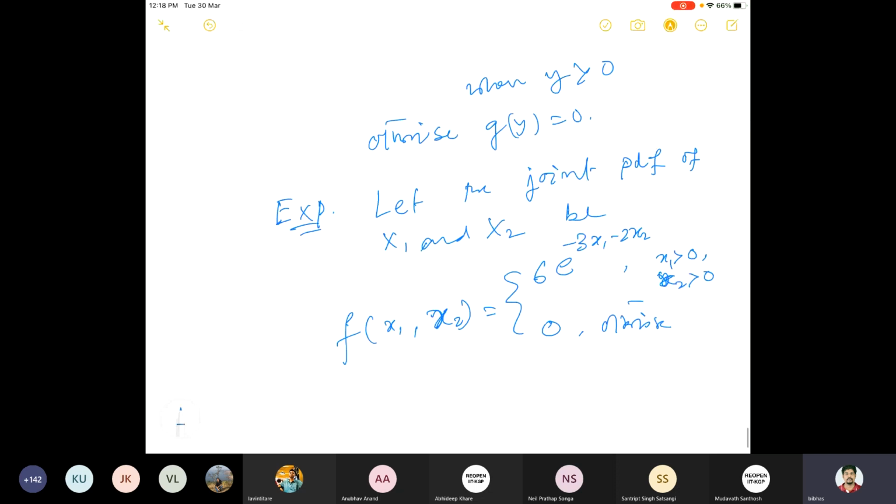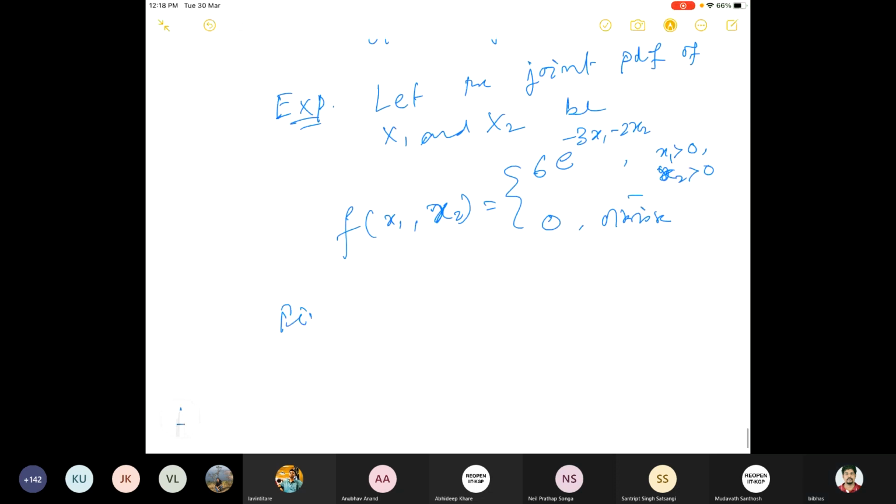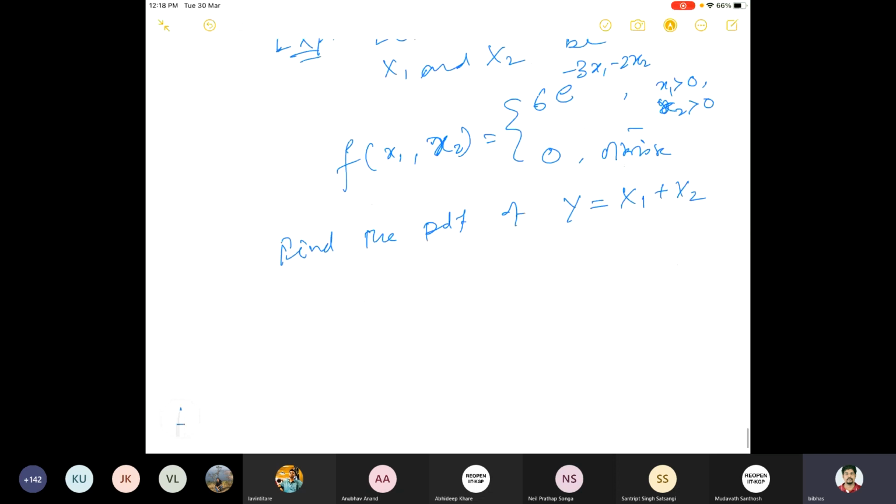Suppose the question is to find the PDF of Y, which is a function of X1 and X2, let's say it is X1 plus X2. This is what we are going to find out. So using this technique, we set Y equal to X1 plus X2, and we use the joint distribution to find the PDF of this Y.